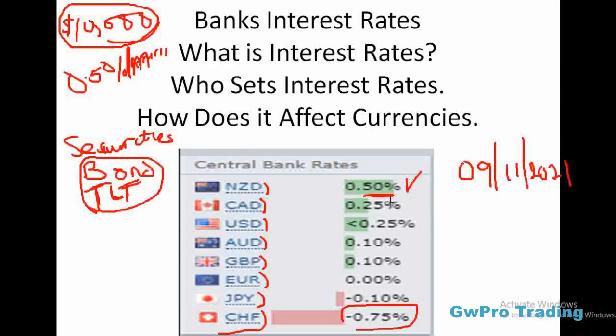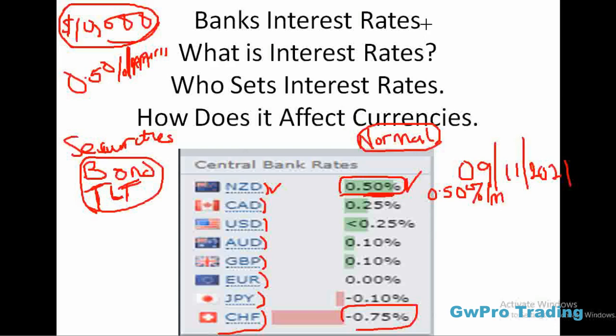All right, say we have a very normal situation in the country or in the world, there is no crisis in New Zealand, I will put my money here and I will get 0.5% at the end of the month.